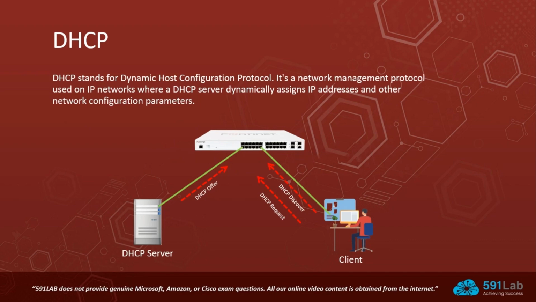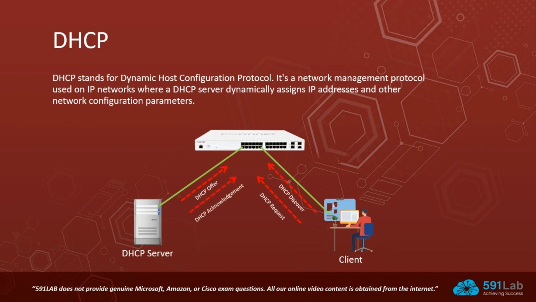If the client receives the DHCP offer packets from multiple DHCP servers, the first DHCP offer packet is accepted. The client responds by broadcasting a DHCP request packet requesting the network parameters from the server that responded first.